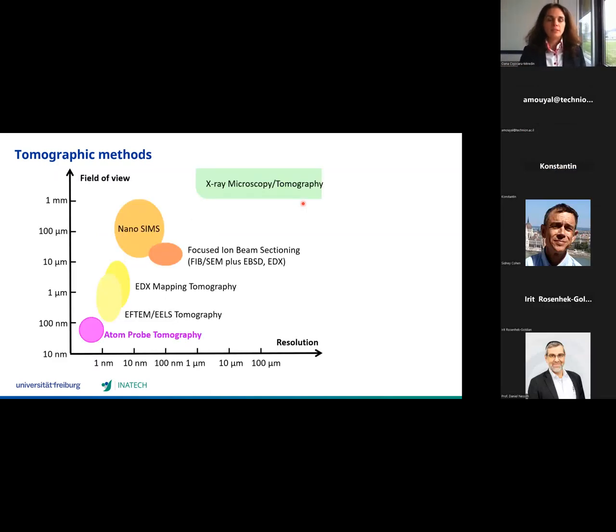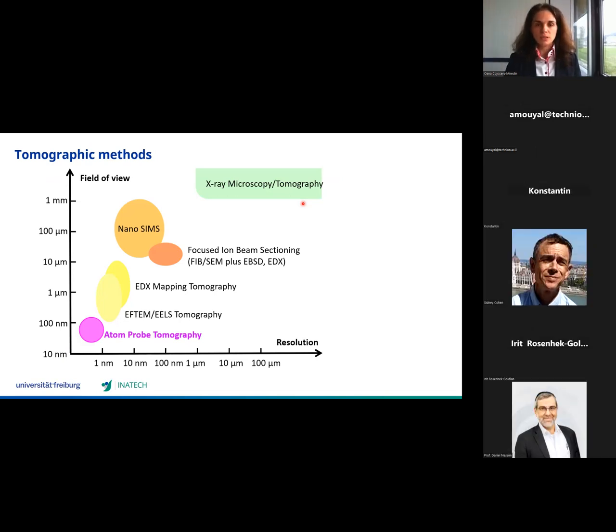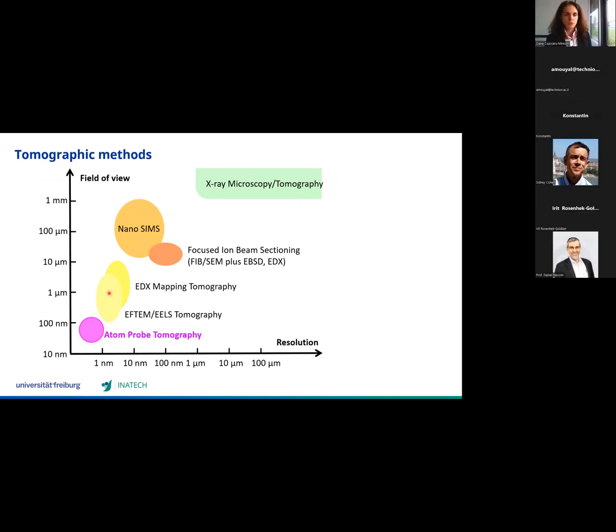We have in science several tomographic methods, and I provide you here these methods as a function of the resolution and the field of view. Of course, for a very high field of view and high resolution, we have the X-ray tomography. And then by going down with the field of view almost linearly, we have the NanoSIMS and the focused ion beam. And then we have, of course, the possibility to have a tomography with EDX and EELS in TEM capabilities.